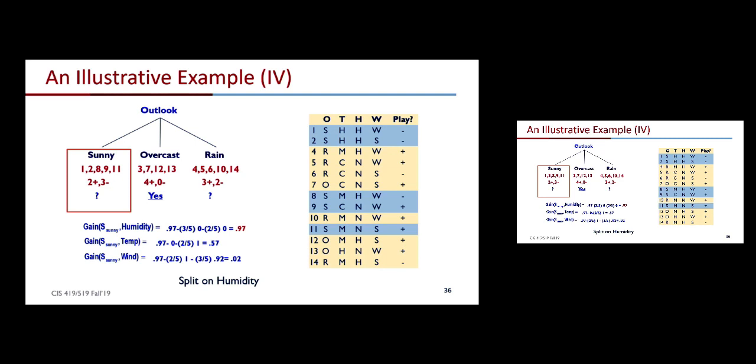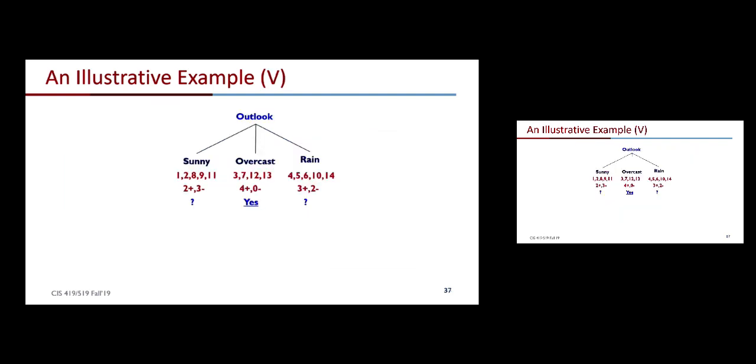So you know that the entropy is 0, and therefore this is going to be the highest information gain. Okay, so we decided to split on humidity. That's what we're going to get now, and you can continue this way.